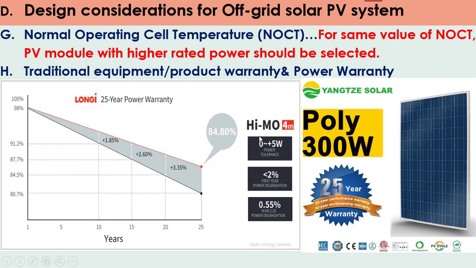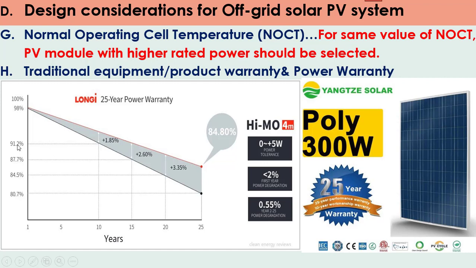Of course, this type is a monocrystalline silicon module from Longi company. Always we must take into consideration the style of degradation of the module. We select the straightforward degradation, better than the standard degradation.